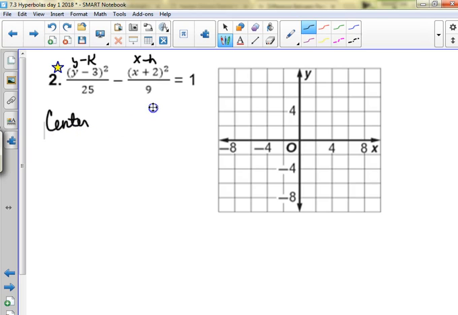So maybe we need to start our little list over here. H is -2. K is +3. A is what? 5. B is 3. And we can get to C in a minute. All right, so the center is at h, k, which is -2, +3.